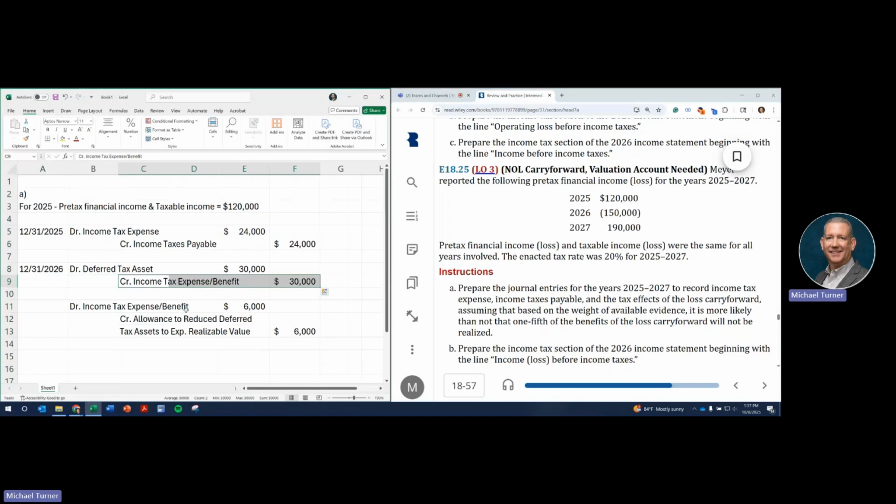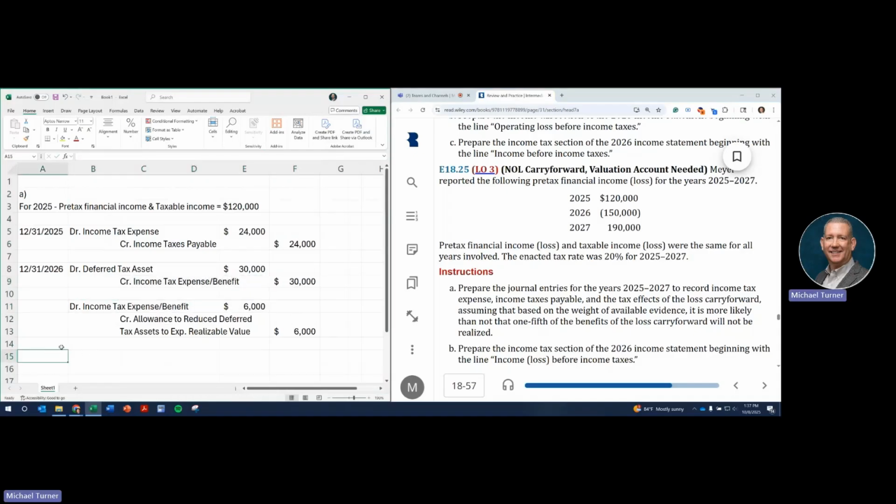We have a credit of 30,000 offset by a $6,000 debit, a net credit of 24,000. So the net income tax expense benefit is 24,000 that's shown on the income statement for 2026. And the impact to total assets is also 24,000 net.